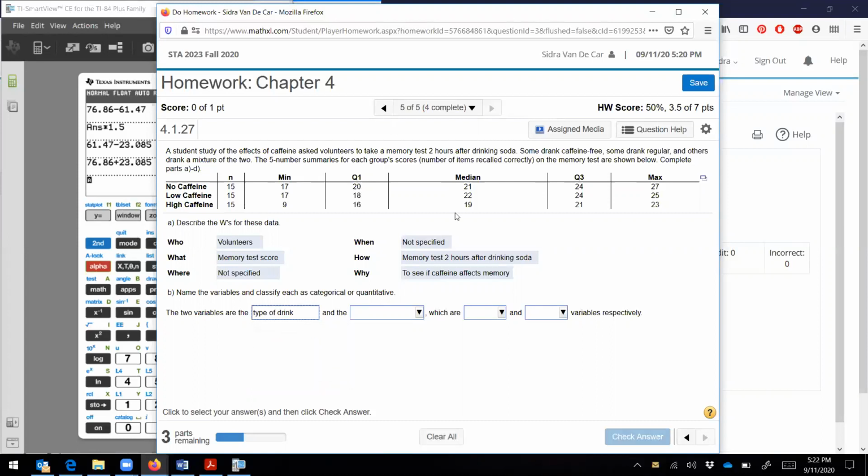Oh, type of drink, there we go. Some drink regular, caffeine-free, or a mixture of the 2. Now the other one is our test score. Now the type of drink is categorical, and the test score is quantitative.